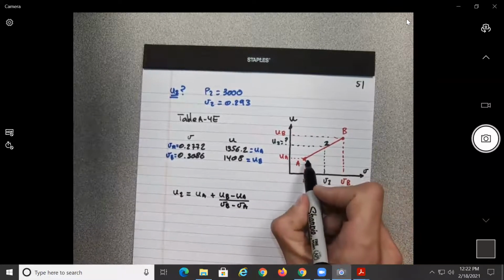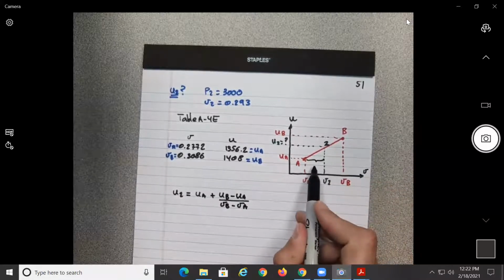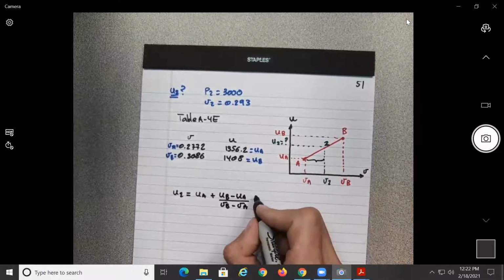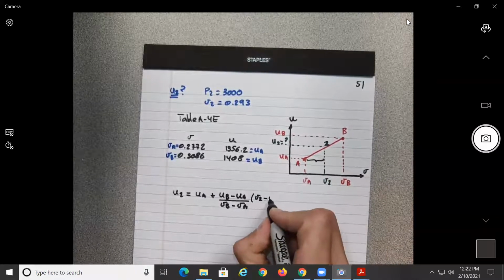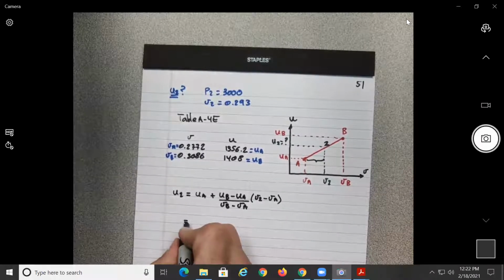And now, what is the increment that you need to go through? This increment over here, no? How much will be that increment? It will be V2 minus V sub A. All right? So now, if you put the values, what would that give you?